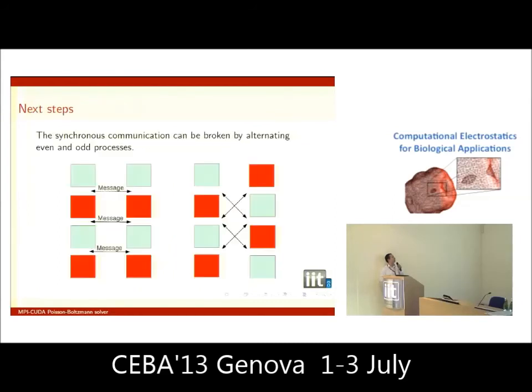So, next steps. This is a work in progress. What we're trying to do now is to break the synchronous communication. The issue is that we have many nodes doing first blue, red, the color of each node, and they have to pass messages between them.